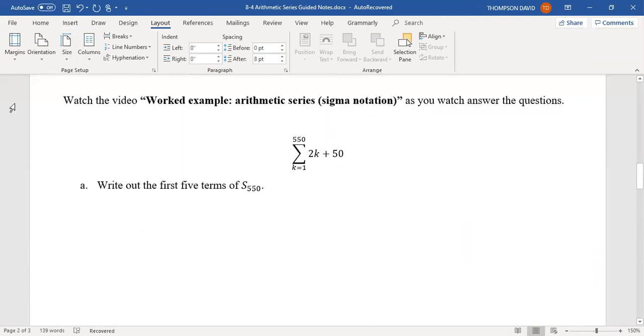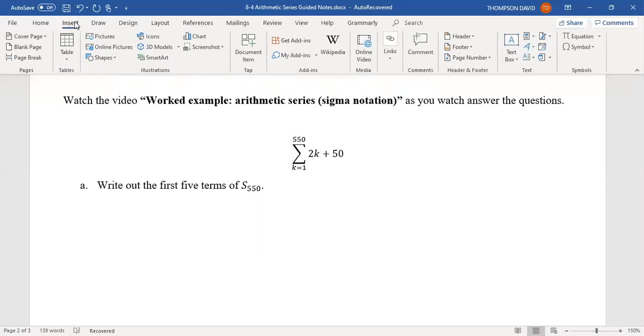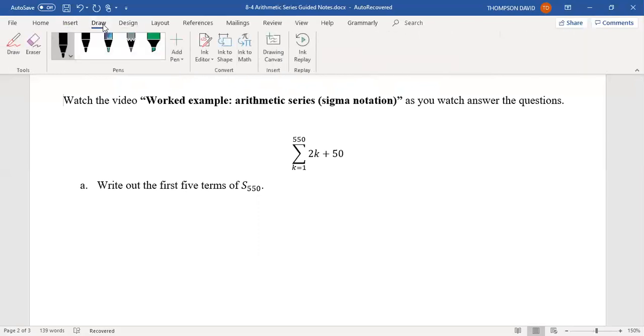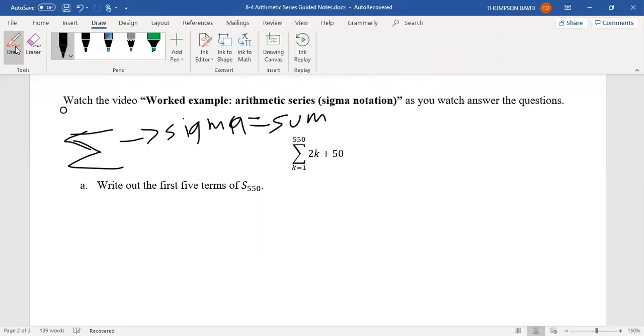In our next example, we're given this symbol here. This means sum. That's the Greek symbol sigma, which means sum. This is my sigma notation, which means sum.